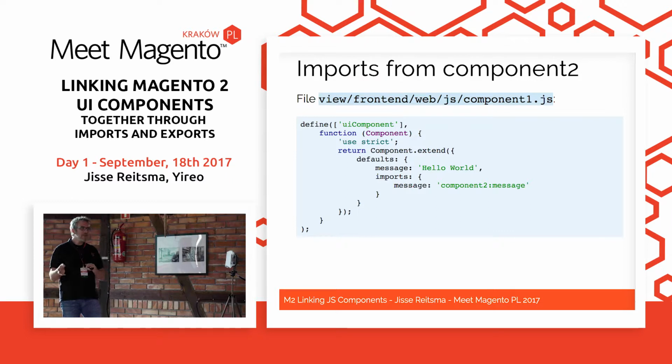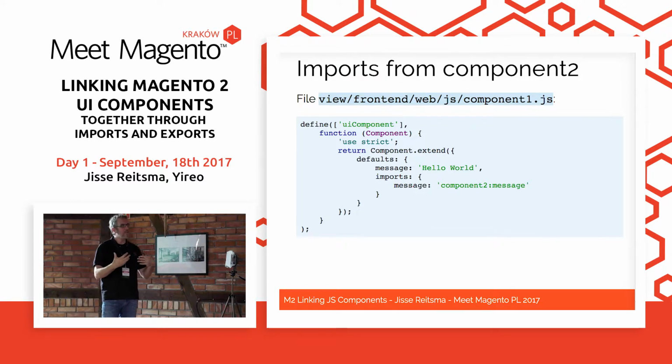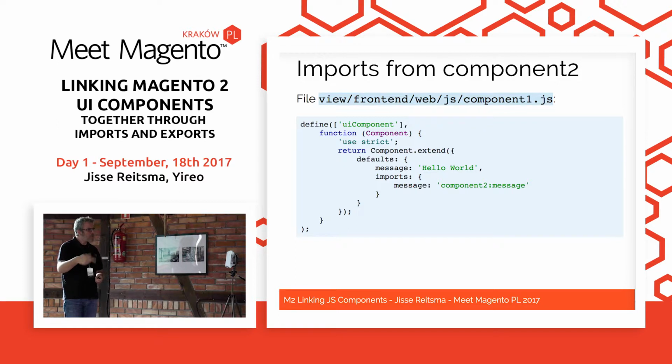And what I didn't really explain from the code sample is that importing and exporting has a couple of benefits. First of all, what you see is what you get. Following my sample slides, you can just reuse a property from one place in another, importing a property from one component to the other component. But underneath, the component property that you import, or the component property that you export, becomes observable as well.